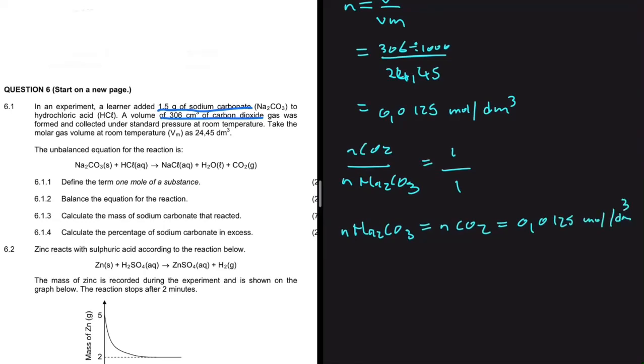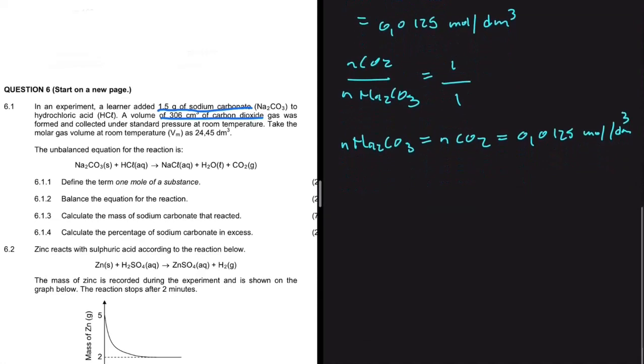So now we have the number of moles of Na2CO3 that reacted, and we can then find the mass, right? Because we know fully well that the number of moles is equal to the mass divided by the molar mass if you're dealing with a solid, right? So now we can say that this is for Na2CO3. Let's not forget that. So the mass is equal to the number of moles multiplied by the molar mass. We cross multiply, right?